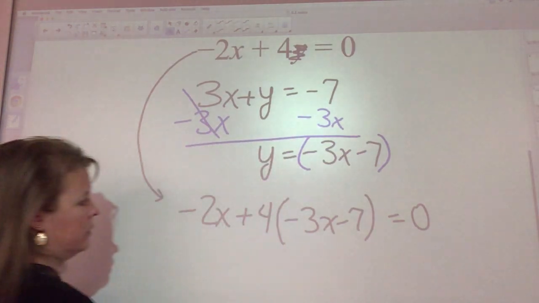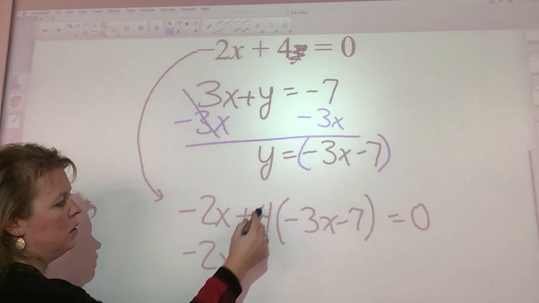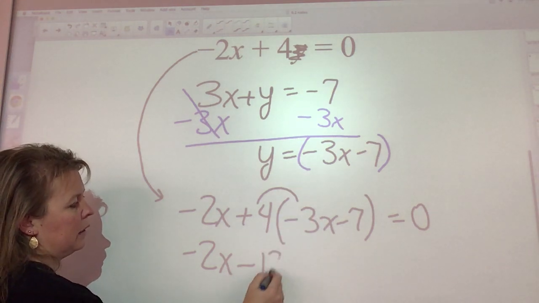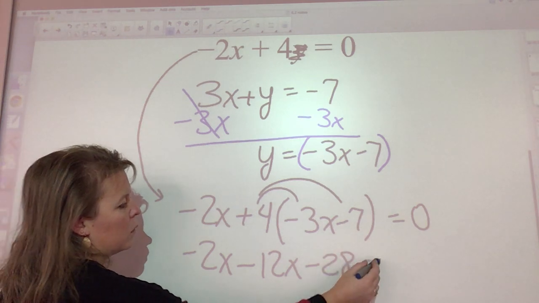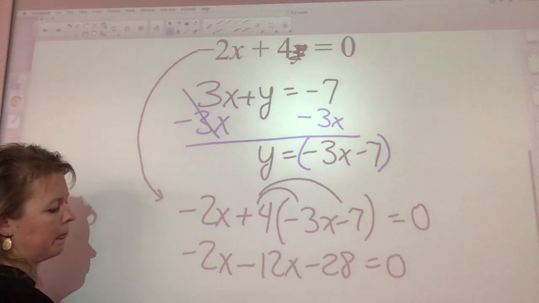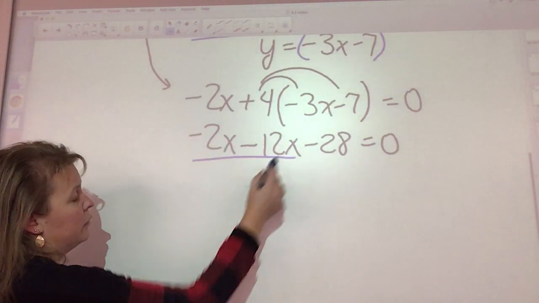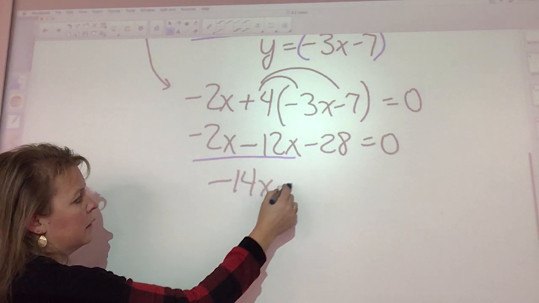This is what you're going to solve. And yep, I know, they take a while, but it's stuff you already know how to do, so it's nothing new as far as new information. 4 times negative 3x is negative 12x. 4 times negative 7 is negative 28 equals 0. Add your like terms. Negative 2 and negative 12 is negative 14x.